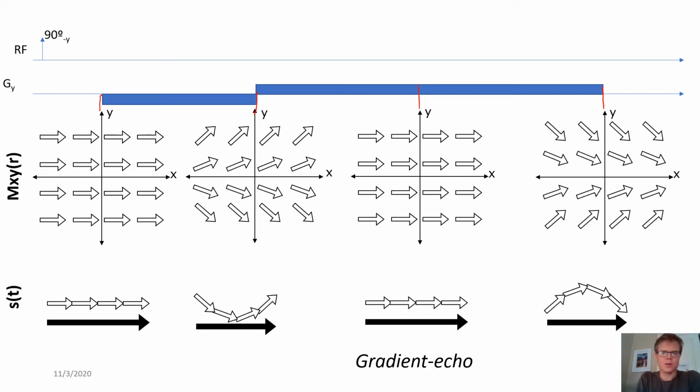So what happens during the first interval is we apply a negative gradient, we'll get rotation, variable rotation as a function of position in one direction. Then when we reverse that gradient, we get rotation in the opposite direction.